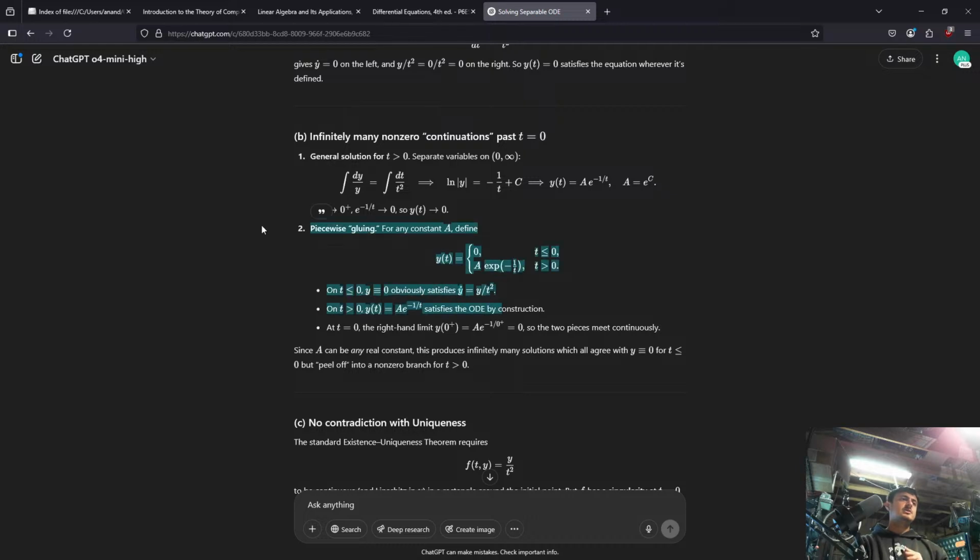They never said anything about this gluing thing. Yes, the uniqueness theorem.